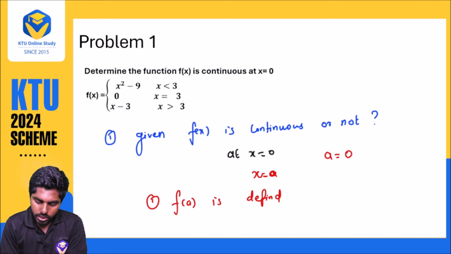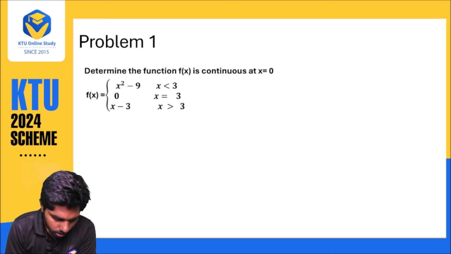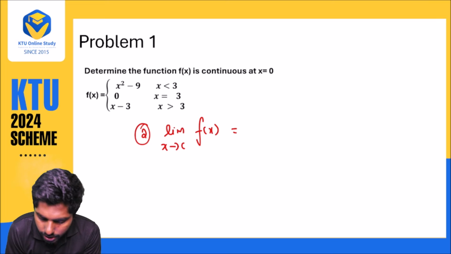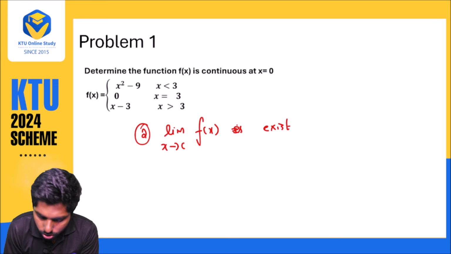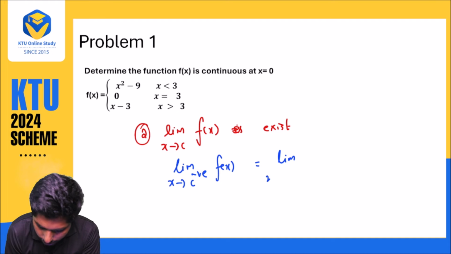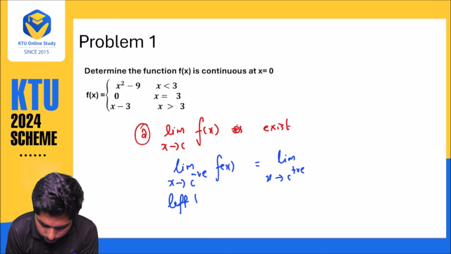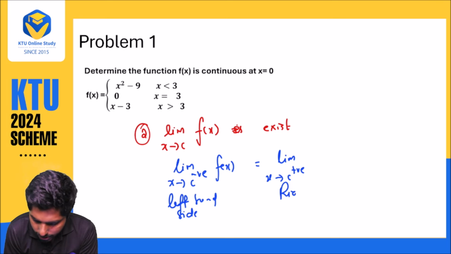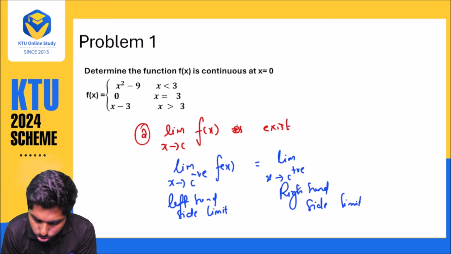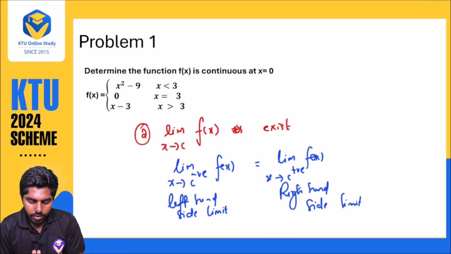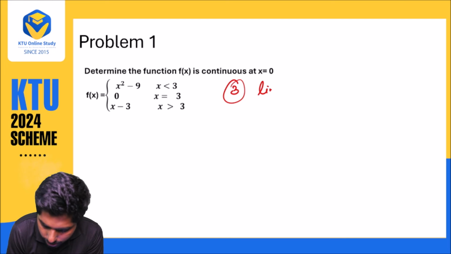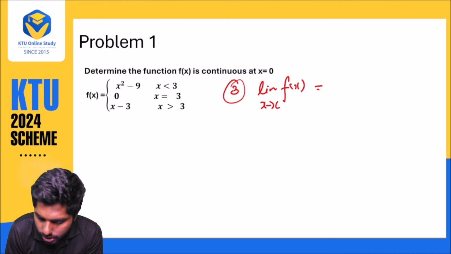Exists means the left hand side limit and the right hand side limit should both be equal. When both are equal, then the limit of f of x exists. Then what is the third condition? The third condition is that the limit as x approaches c of f of x is equal to f of a.